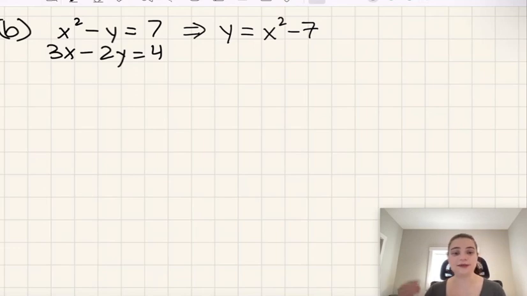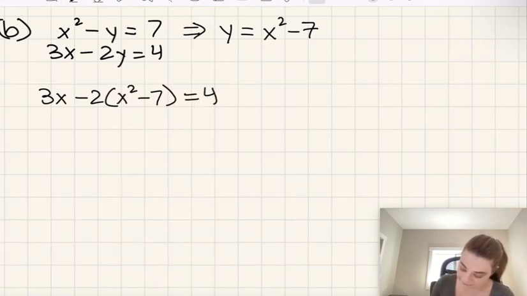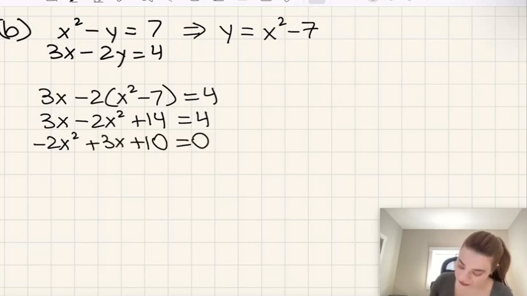Then I'm going to sub this into the second equation. So we have 3x minus 2 times x squared minus 7 is equal to 4. So then we have 3x minus 2x squared plus 14 is equal to 4. So then we have negative 2x squared plus 3x plus 10 is equal to 0.